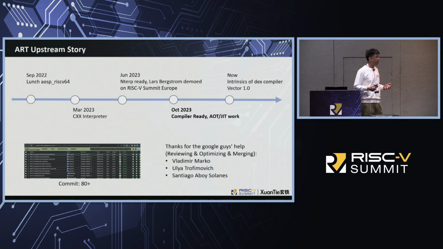Now we are continuing to contribute intrinsics for the DEX compiler, including the vector ones. Thanks to the Google folks for reviewing, optimizing, and merging. And here are all our contributions.